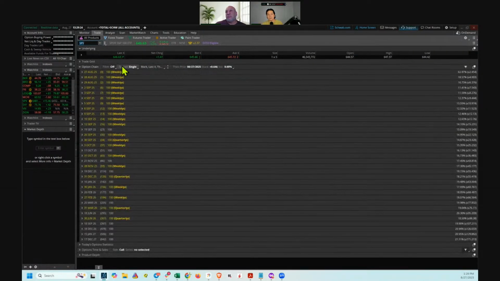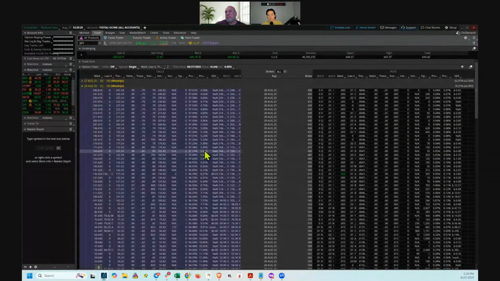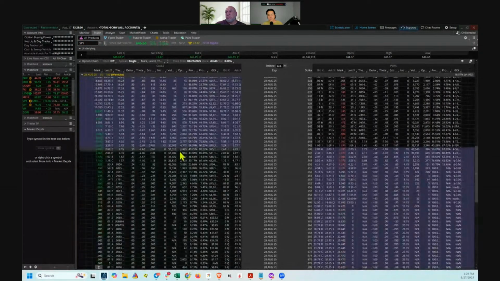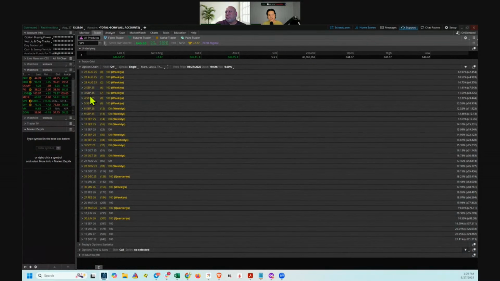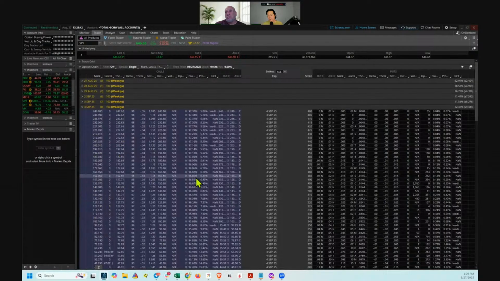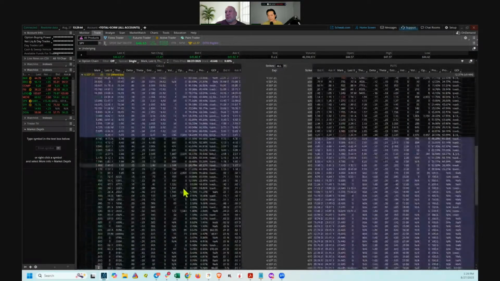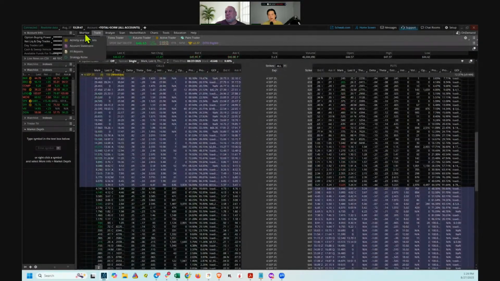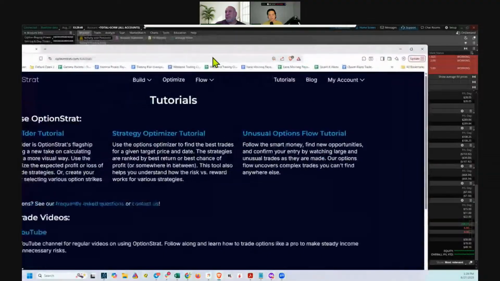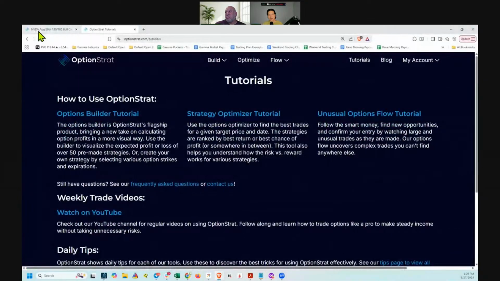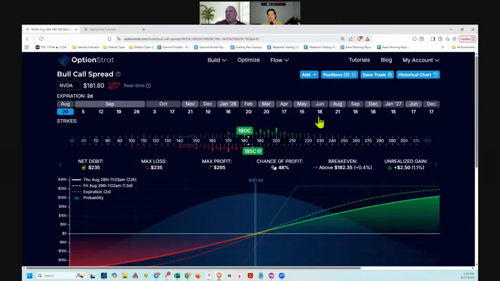And overnight, what I'm looking for is an expensive option over here, and then I'm looking to find a cheap option roughly 1 week away. And if I can find that, on most days I can, then I can model it up just like I showed you guys over here. And I can look at that break-even range.